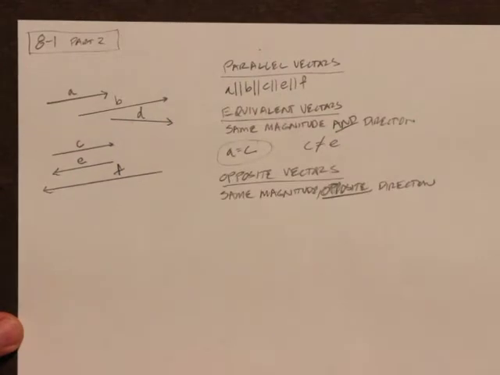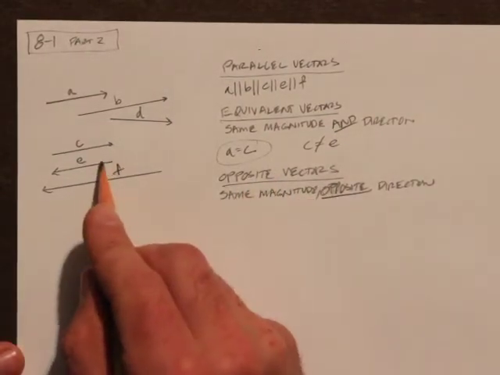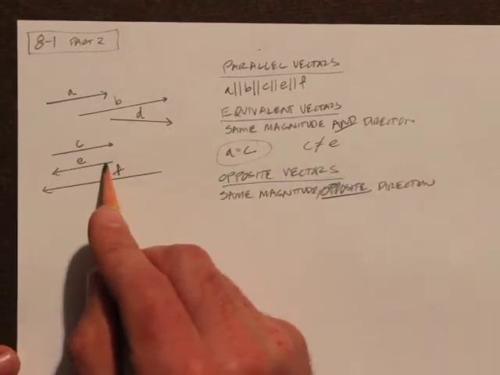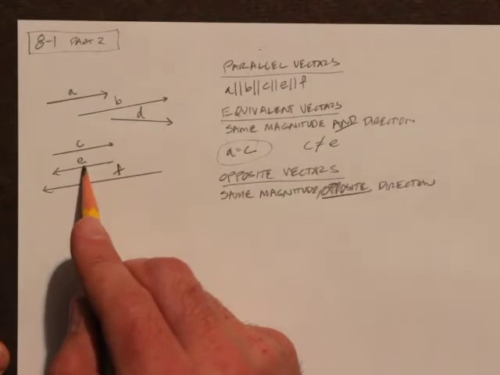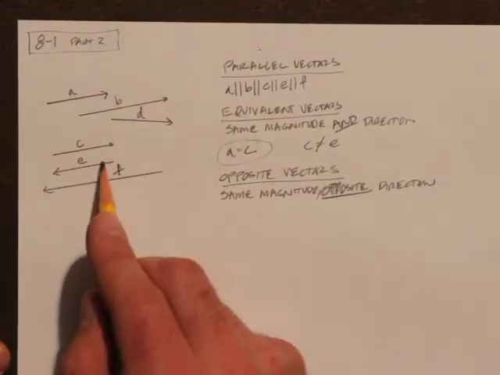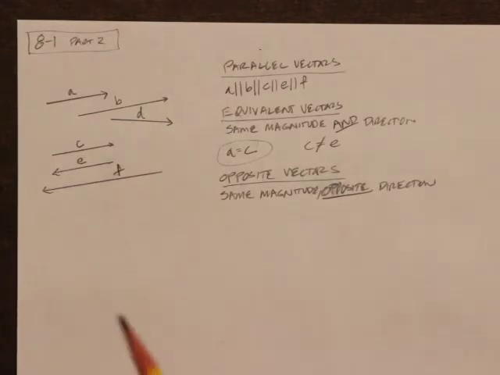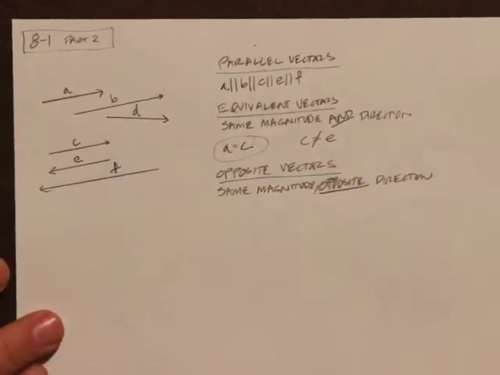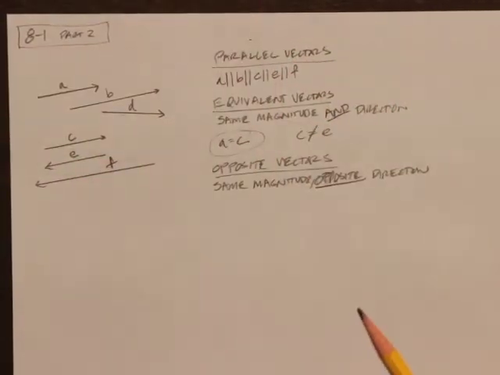So let's see here. The way we write this is, I have E here, and I've got A. They have the same magnitude. They're both 1 inch. And A is going that direction, E is going this direction. They're going opposite directions. Not just different directions, but actually opposite directions. So one is going one way and one is going exactly the other way.